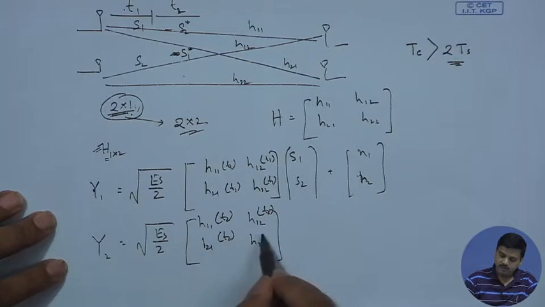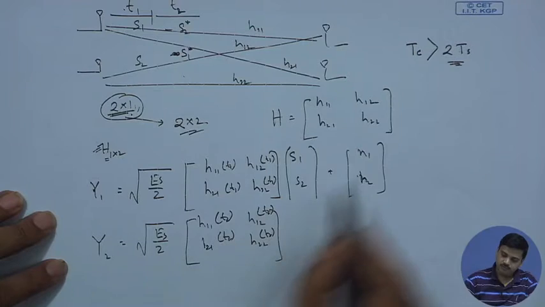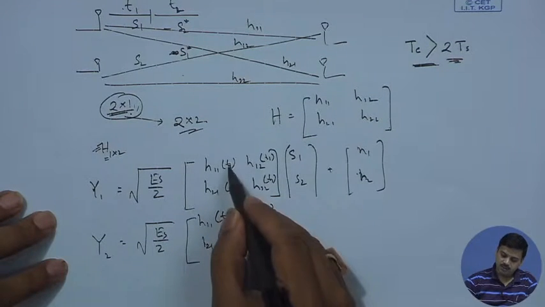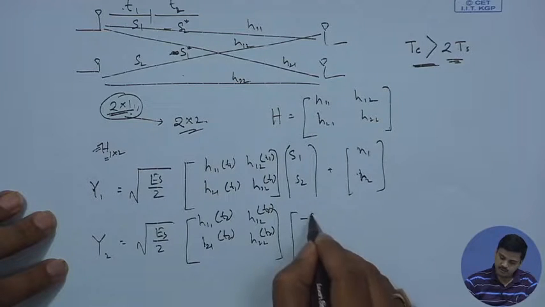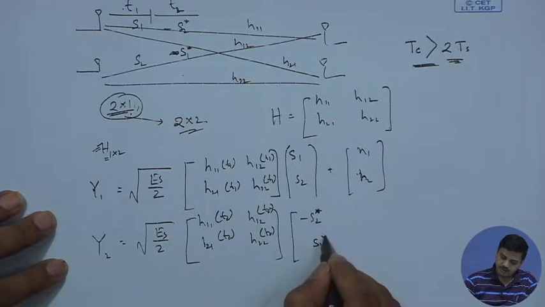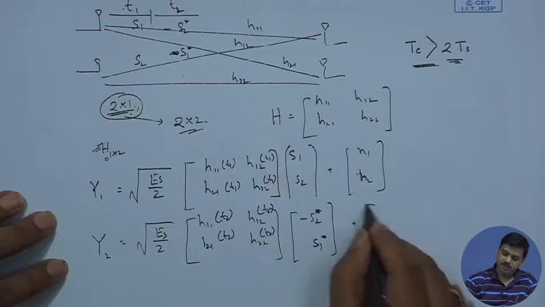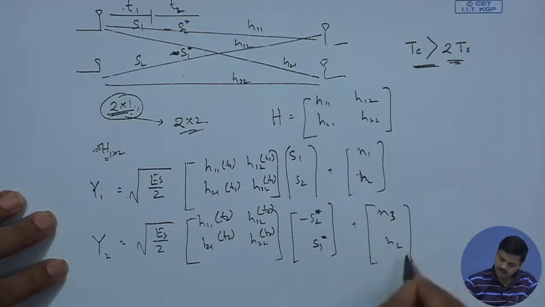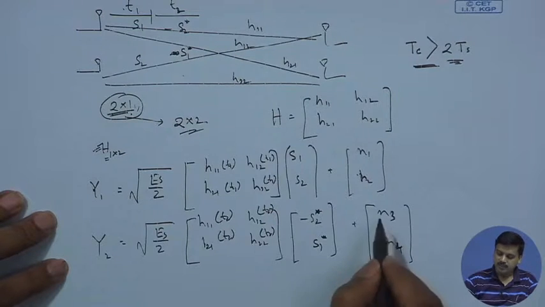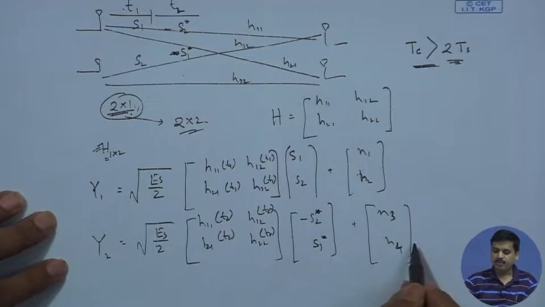But we assume that even at T1 and T2, they are the same. That's the assumption. And here the signal is minus S2 conjugate and S1 conjugate. So this is a special construction that is done for the Alamouti scheme. Rather, this is N3 and N4, or rather it is N1 at time T2, N2 at time T2.